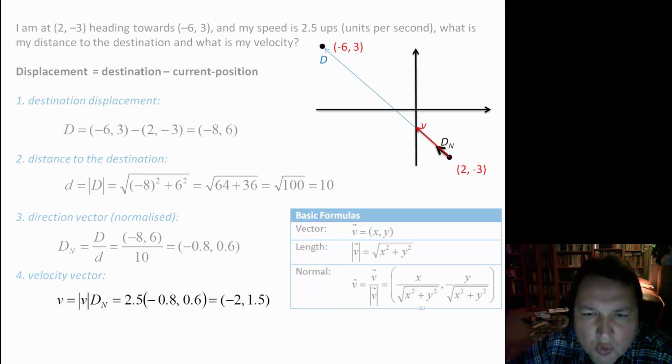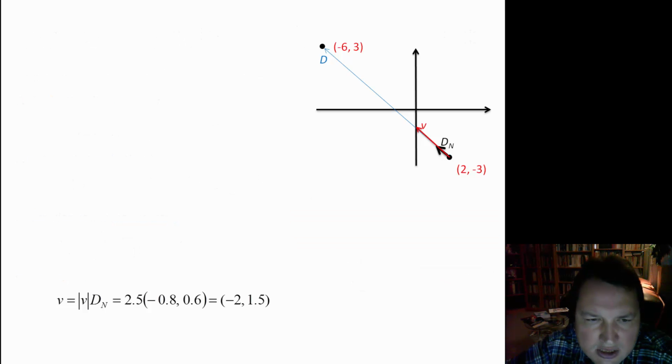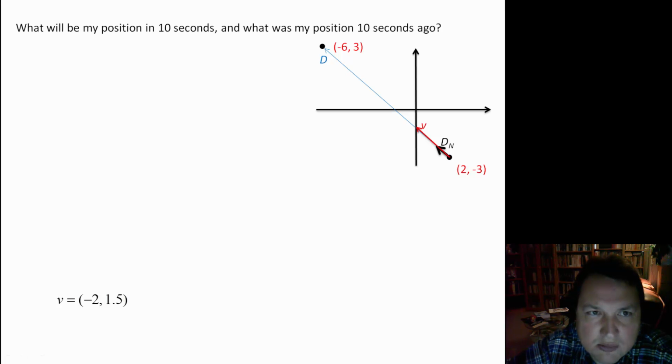This value will be needed for the next exercise, so I will preserve this value of the vector for the second exercise, which is what will be my position in 10 seconds and what was my position 10 seconds ago. So I am still at the same position, 2, -3 here. I'm still heading towards the point -6, 3.